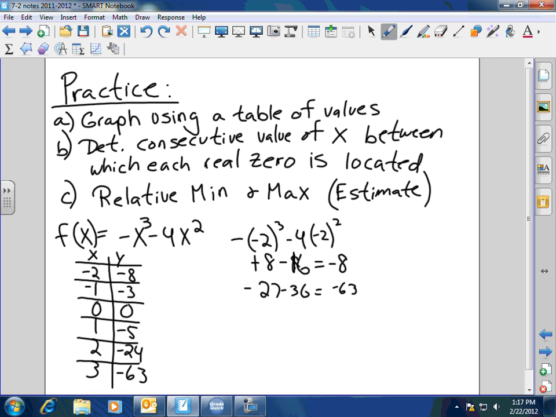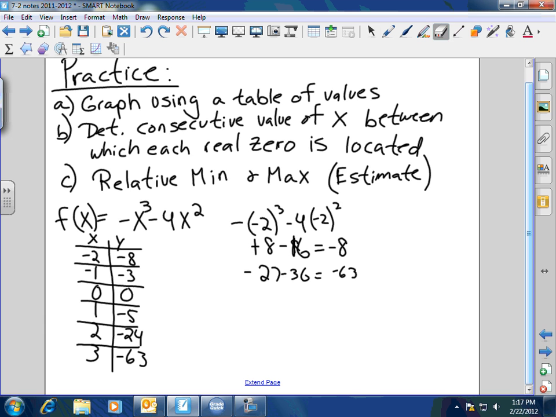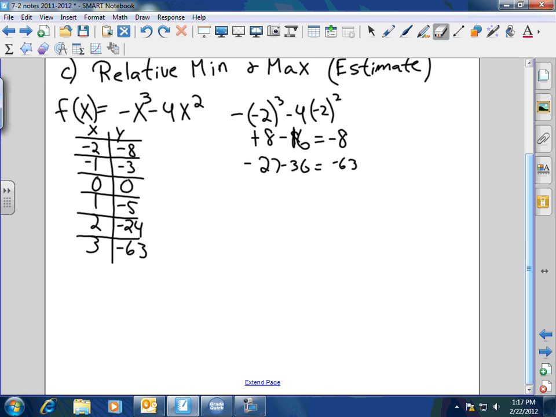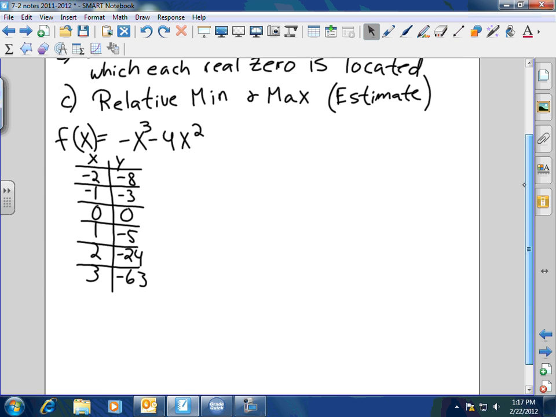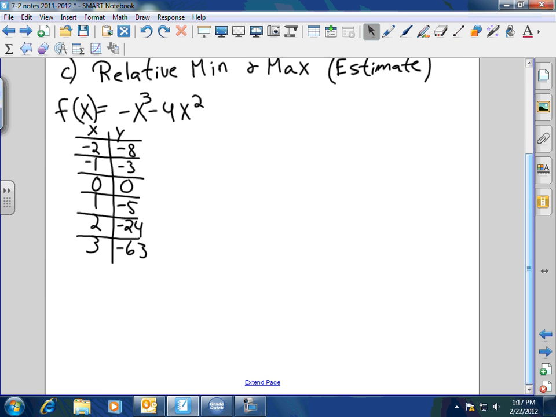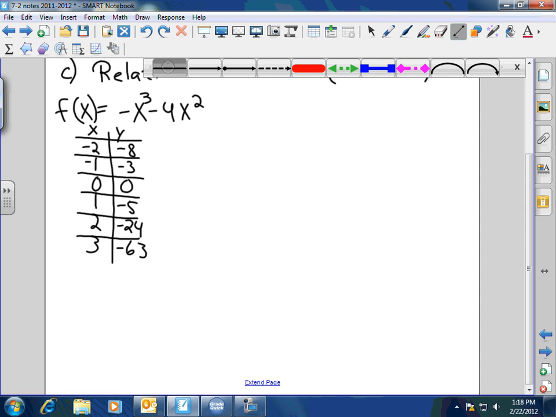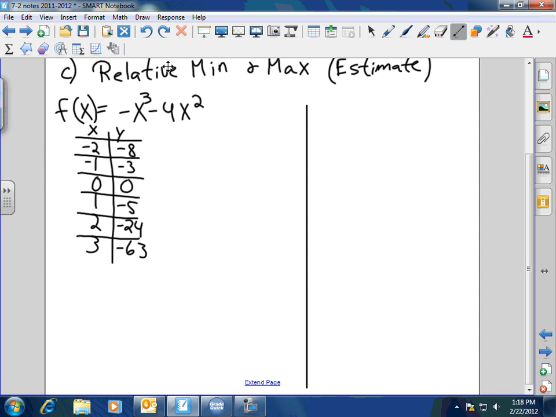Okay. So now let's graph this. We're going to find out if we need to do 4 and 5 now. We have to first graph what we have. We're going to have to estimate here, of course.